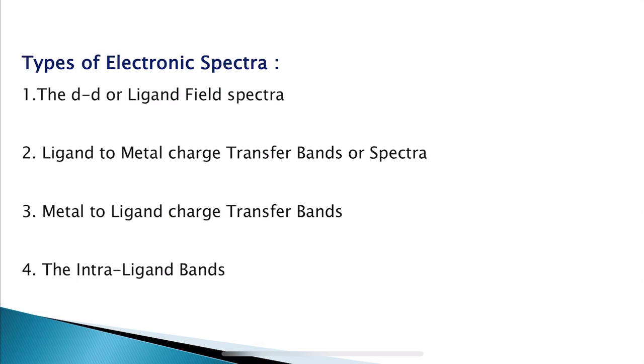The two eg orbitals are dx2-y2 and dz2. They have different shapes and point along the axes.